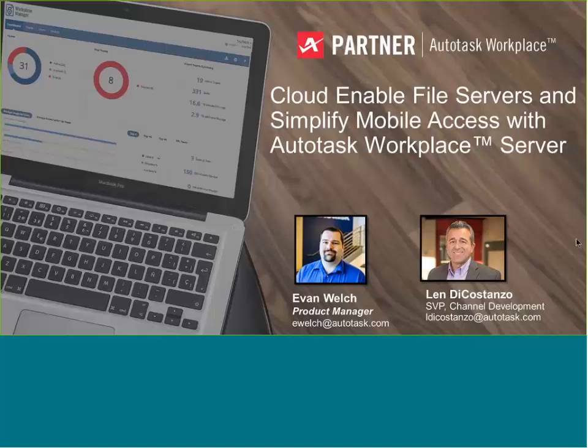So when you buy 20 licenses of Autotask Workplace, it is a user license, and a user can have multiple devices. For example, I'm using Autotask Workplace now on my home laptop, but I also have access to it via my work laptop, which I left in the office, and I can move around freely and work from any approved device.